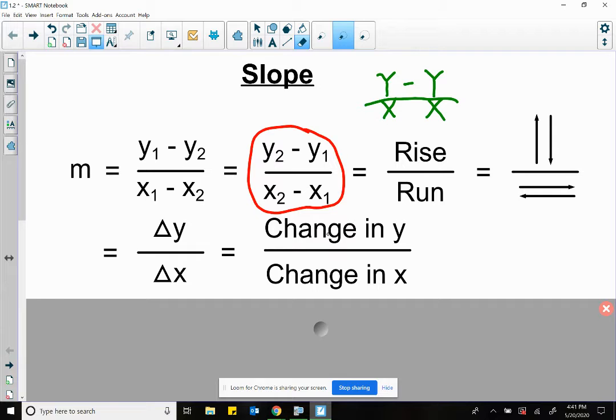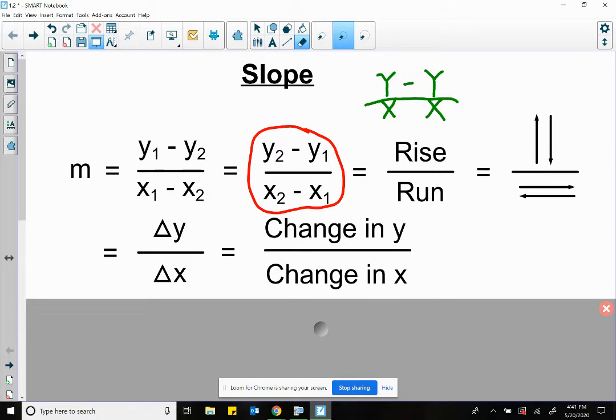It means change. The change in y, which is why there's subtraction, over the change in x. Change is another word for subtraction. So these are also two other ways that we can think about slope. All these mean slope. And again, there's that variable m that we use for representing slope. So anytime you see the variable m, most likely it means slope.